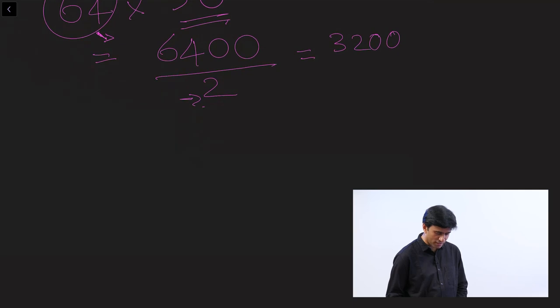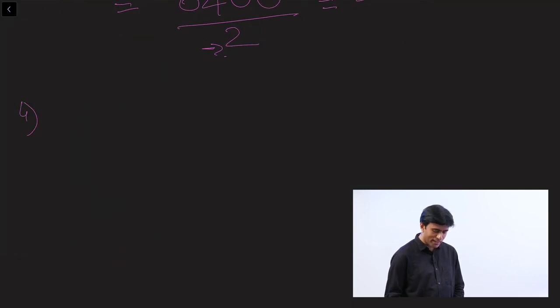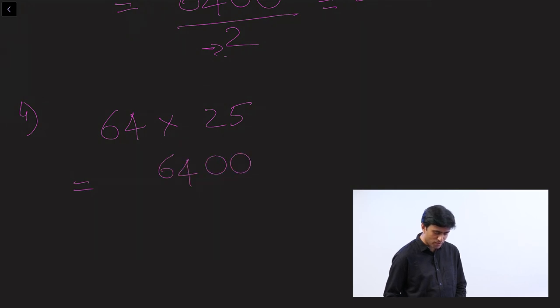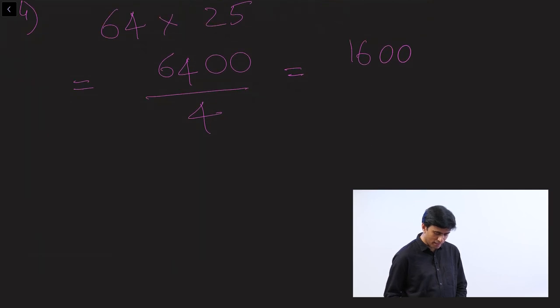Let's look at the last shortcut. What if you have to multiply a number by 25? How do you do that fast? You have to again place 2 zeros and divide the number by 4. So 6400 by 4, that is 1600. Let's try another one.